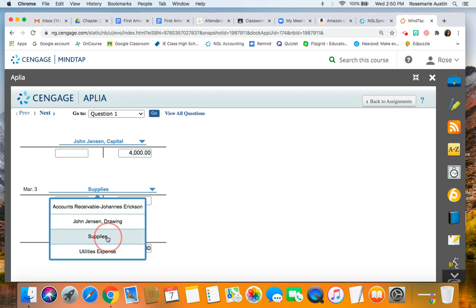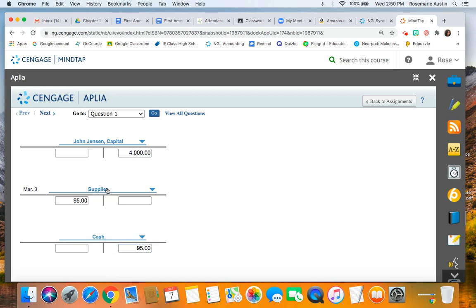The reason for that is supplies was the only other option to choose, and supplies is entered first because it's the debit part of the transaction. This is one of those things that when we get to the general journal in chapter 3, you'll see why the debit portion is always entered first, okay? Mathematically, it wouldn't matter, but it keeps the information organized and straight if you put a debit part first, okay?